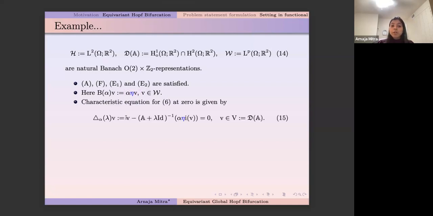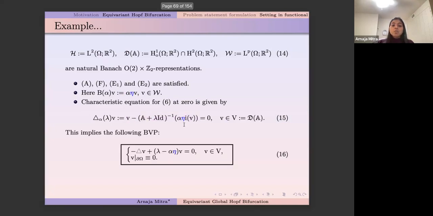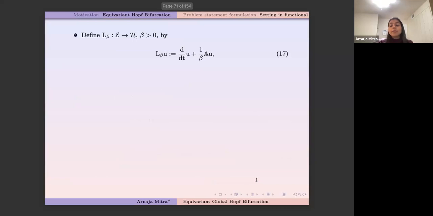And you can find the corresponding characteristic equation as well. In this case, you will see that your system becomes just a boundary value problem. And also you can see that lambda naught will be your characteristic value if and only if alpha eta negative lambda naught is in the spectrum of the negative Laplace operator.